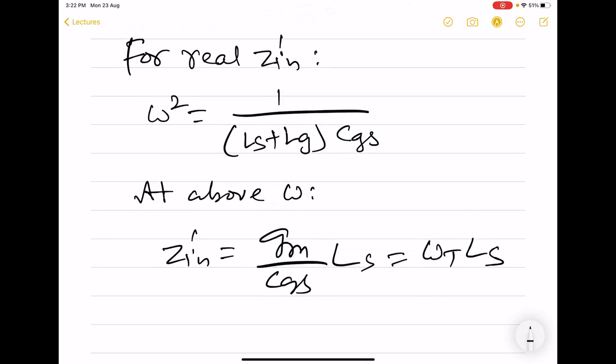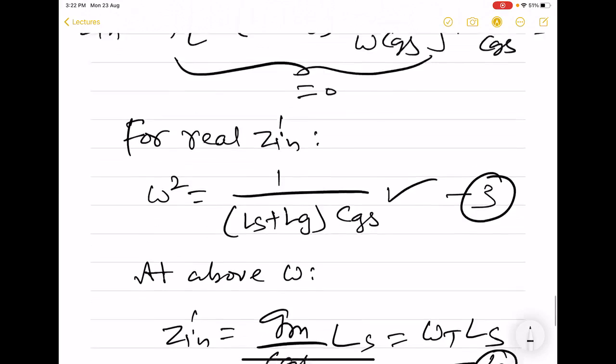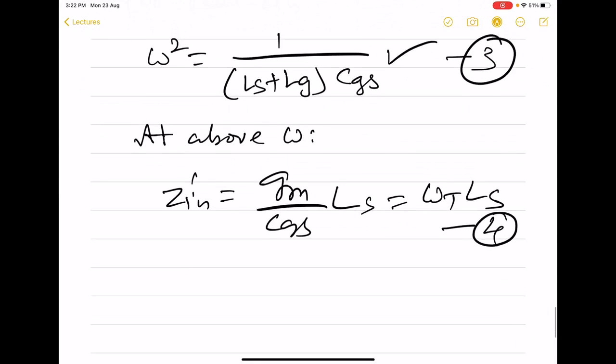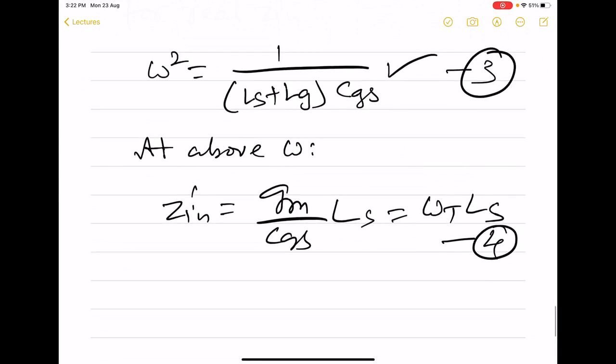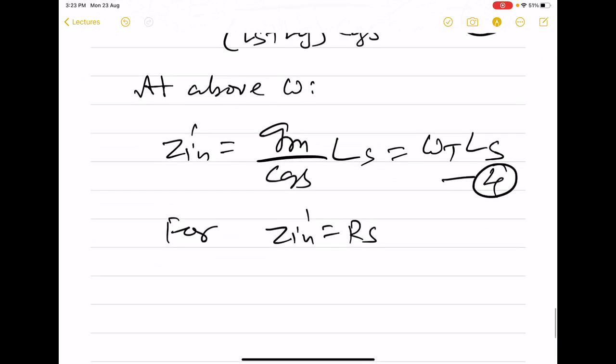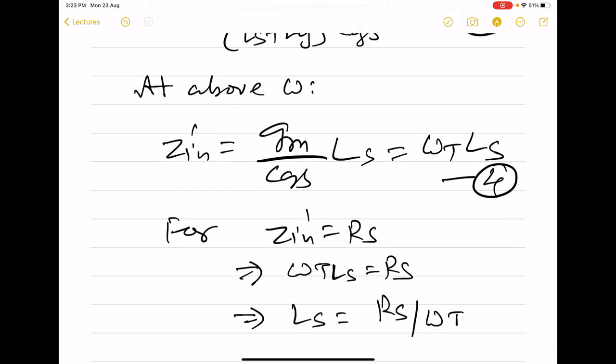But now the frequency where this real input impedance will be achieved is given by this equation, equation 3. So for match condition, we will have to make Z_in dash equal to R_S. That will give rise to omega_T L_S is equal to R_S, which implies that L_S is equal to R_S by omega_T.